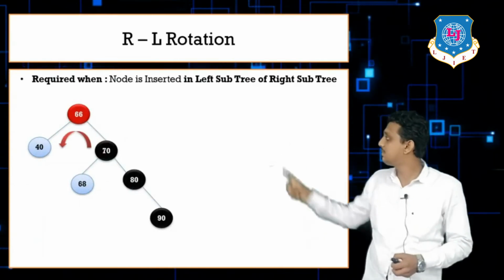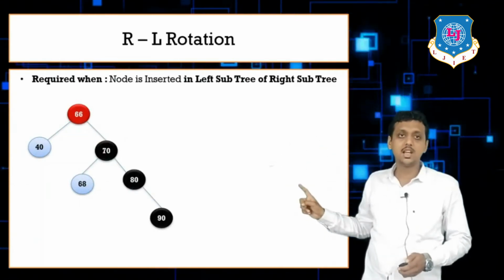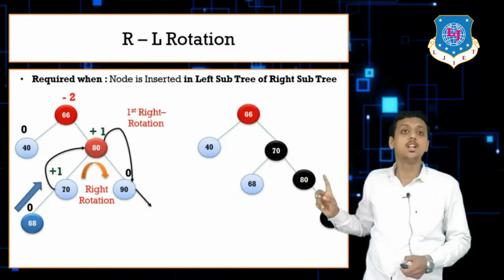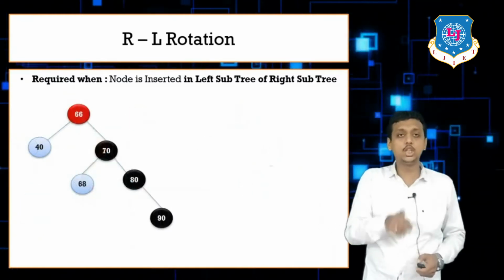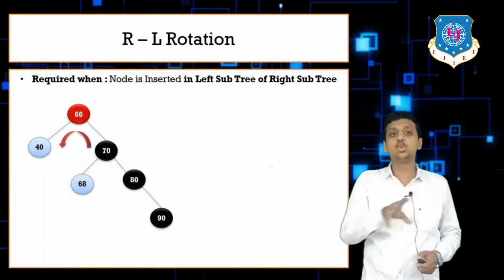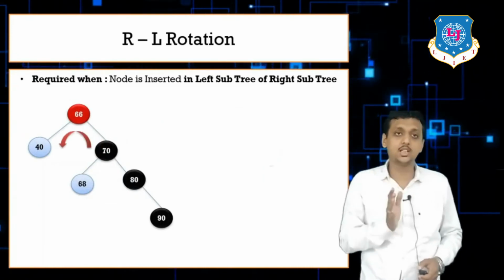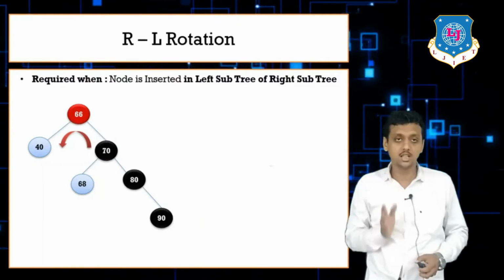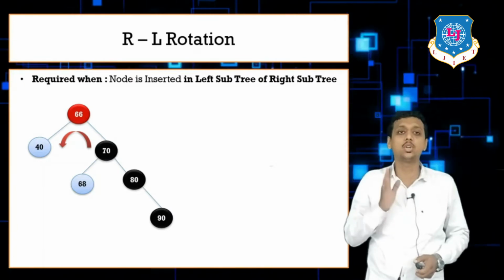This is my answer after applying the first rotation. So you need to apply the left rotation on this figure. Students, remember, do not worry about the balancing factor because our R and L rotation is still not completed. This is a whole RL rotation.